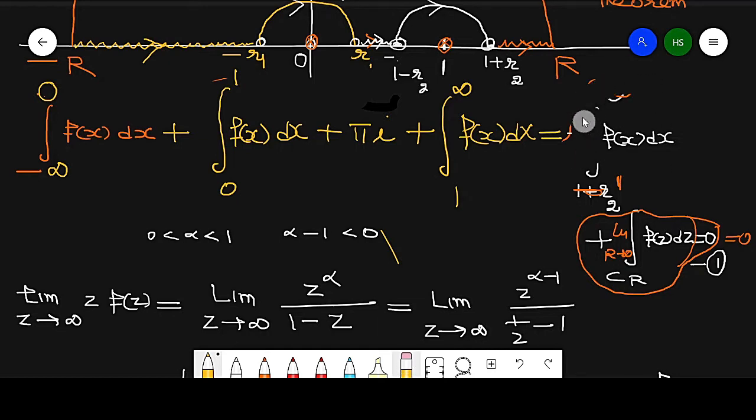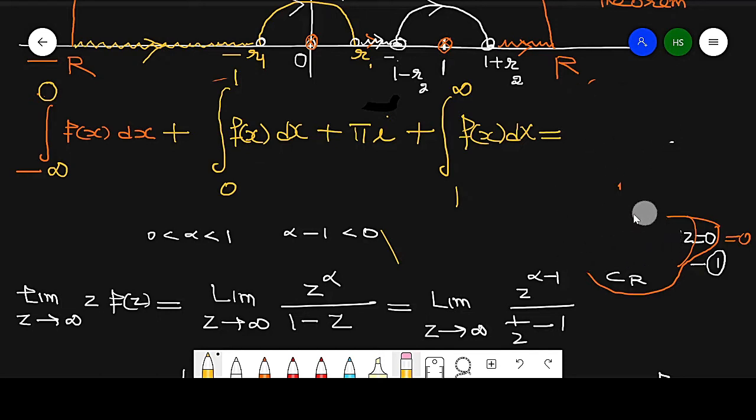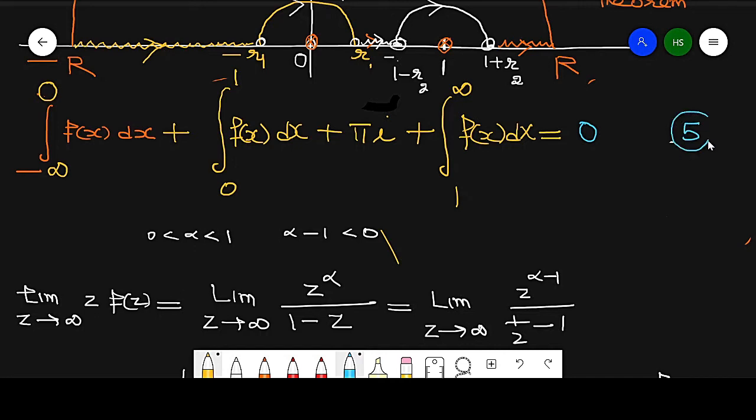So this term, I write this term, so this term is equal to 0. So what is its value? So this is equation number 1, 2, 3, 4. So this is equation number 5. So in this way we can find this integration.